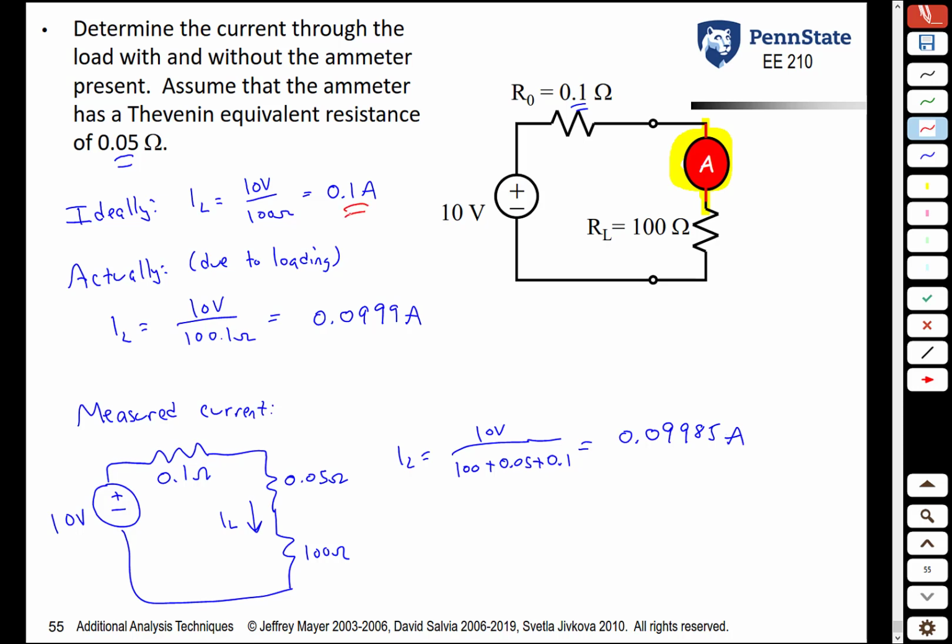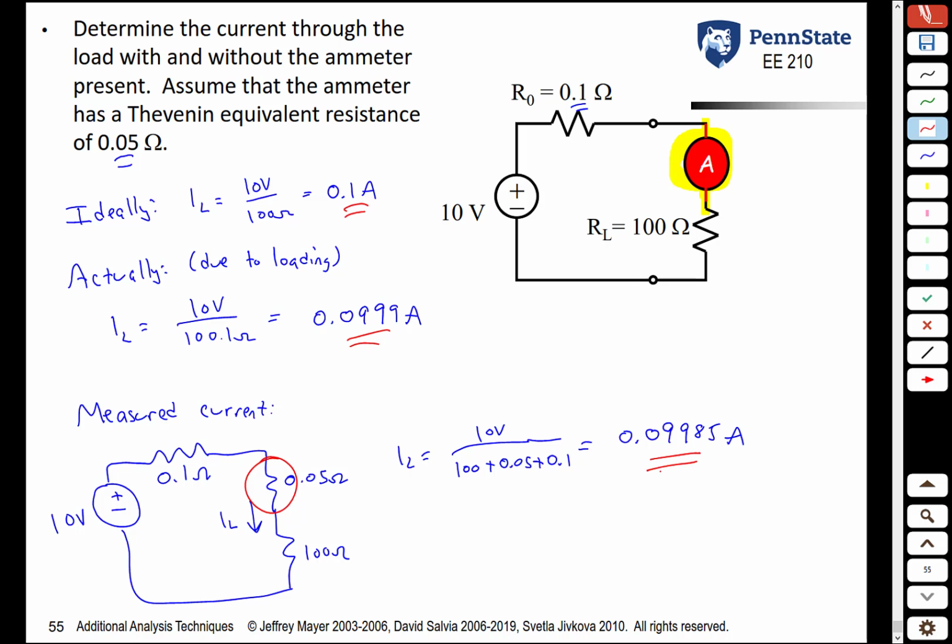So once again, just like with the voltmeter case, we have three different situations. Ideally, the current we would want would be, from Ohm's law, 10 volts divided by 100 ohms. If you take the internal resistance of the source into account, the actual current you get is a little bit less. But then when you try to physically measure it by sticking an ammeter in there, the ammeter changes the circuit, as we see there, and so the actual current you get is even less than that.